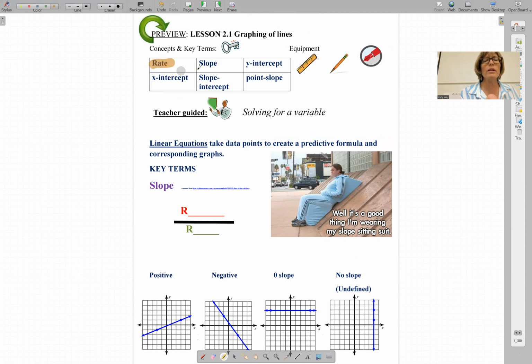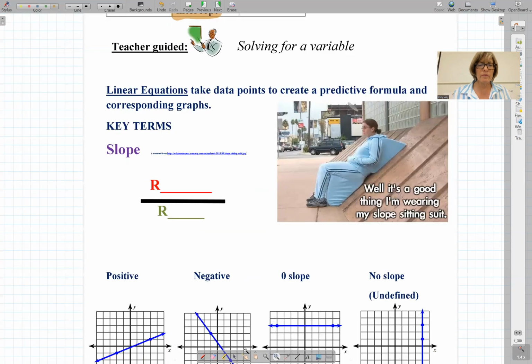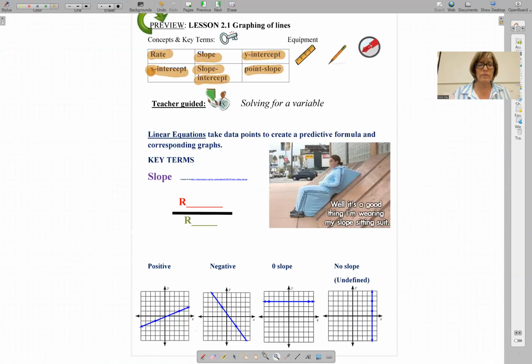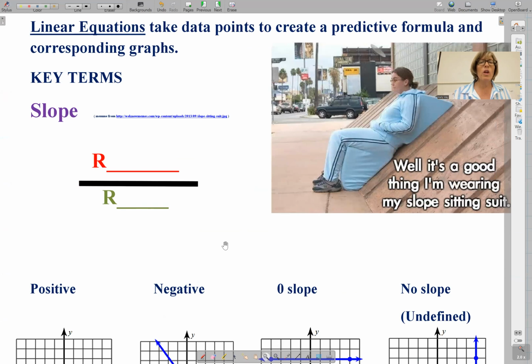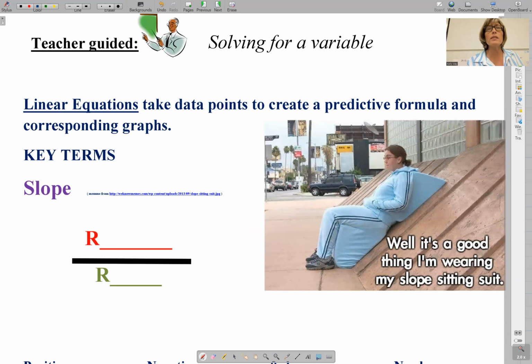Vocabulary: rate, slope, y-intercept, x-intercept, slope-intercept form of a line, point, slope of a line. What is a linear equation? A linear equation is one that takes data points to create a predictive formula corresponding to graphs, and linear by definition is a line.